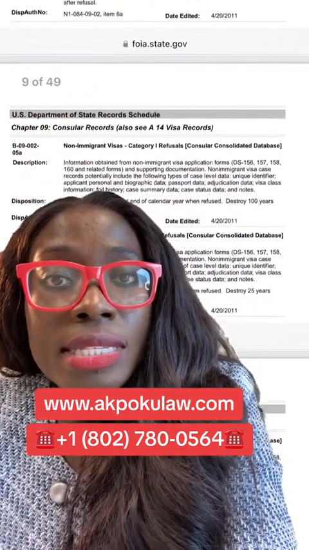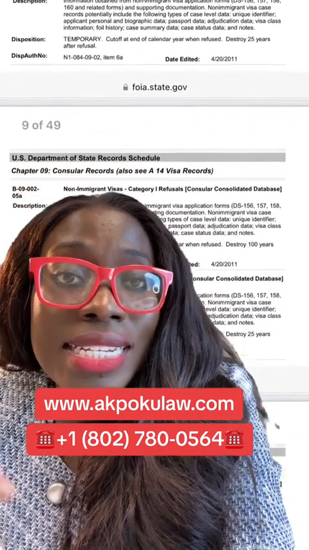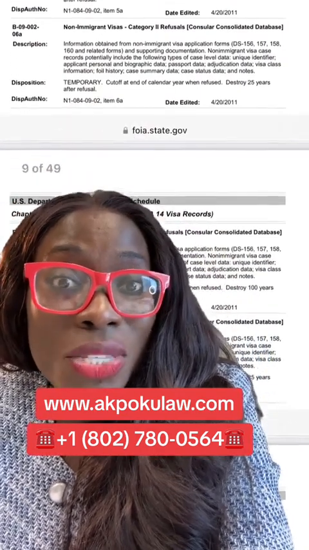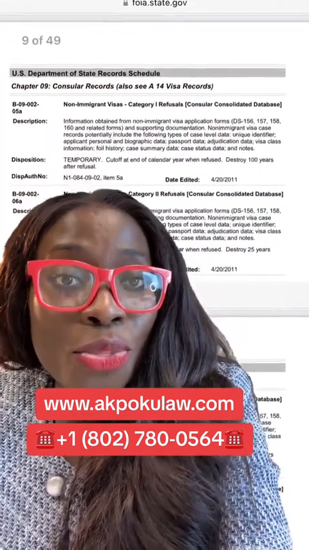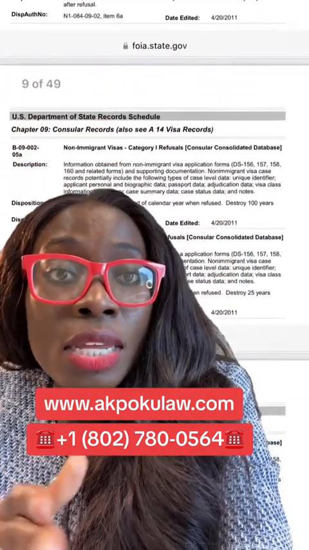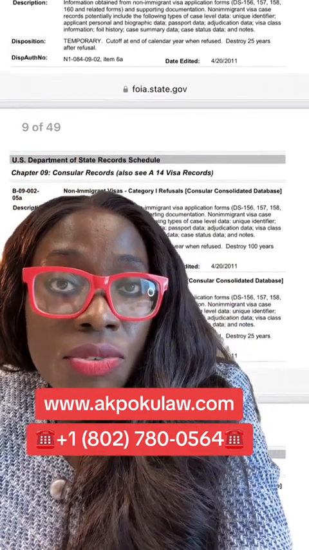And again, you can see right here that the information is usually from the DS-160 and the related forms, as well as your supporting documentation. Those records are retained for 100 years. They can only be destroyed 100 years after refusal, as you can see right there.